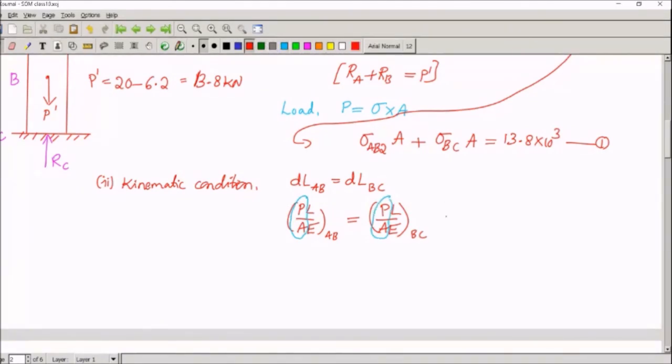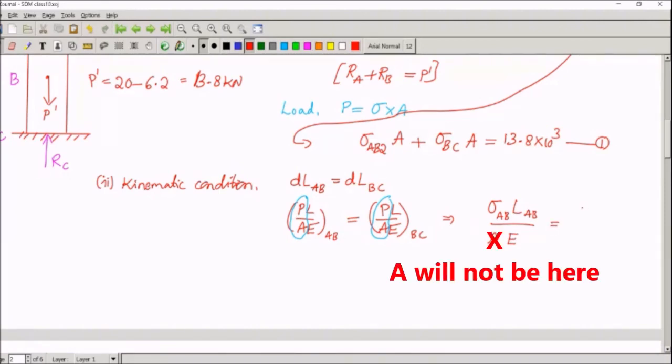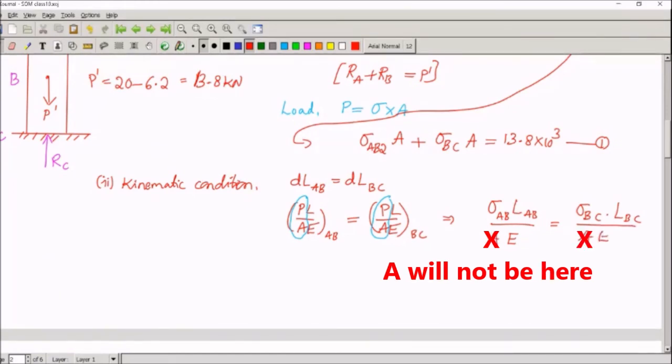So I will write this as sigma AB into LAB divided by A and E, which are the same for both, equal to P by A for the portion BC. I will write it as sigma BC into length of BC divided by A and E. I can cancel out this AE and AE, so E can be cancelled.